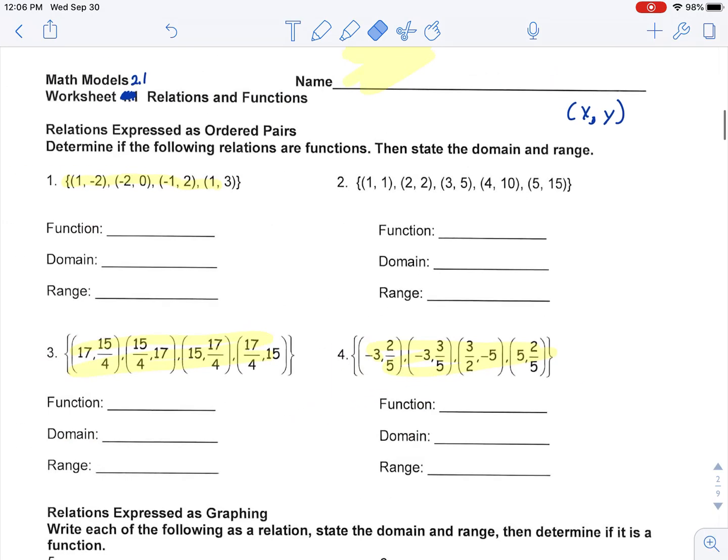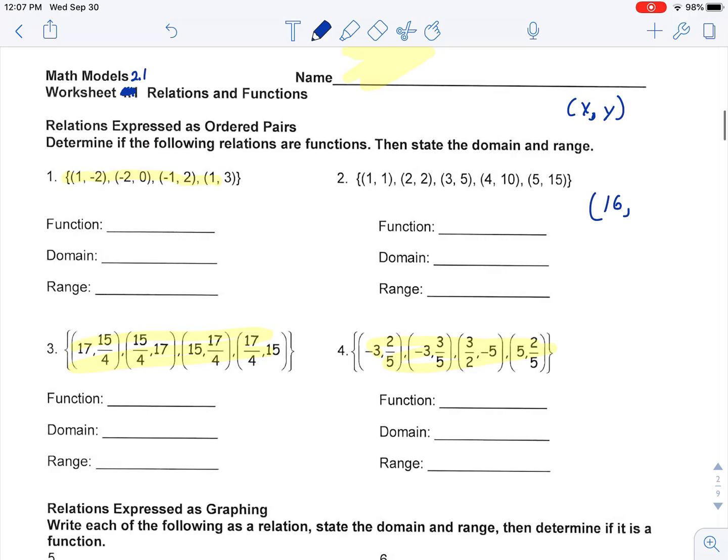Before I go any further with number 2, if I had you all in class right now, and so maybe 20, 25 of you in the room, and I had you get out a sheet of paper, and I said, okay, put down a parenthesis, then put down your age. Some of you put 16, 17, 15, 18, whatever, how old you are, and then a comma, and then the last 4 numbers of your phone number, 1, 2, 3, 4, whatever that is.